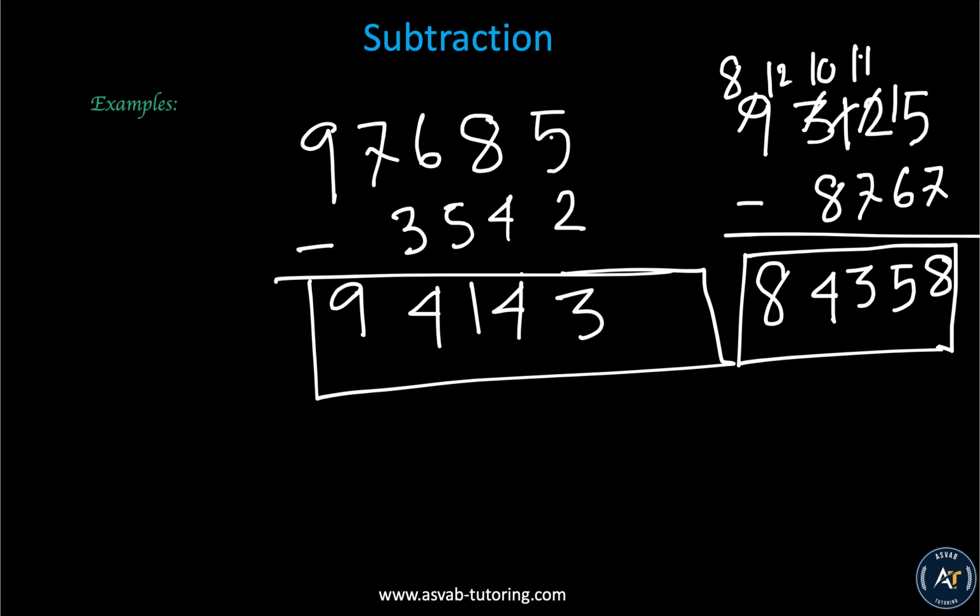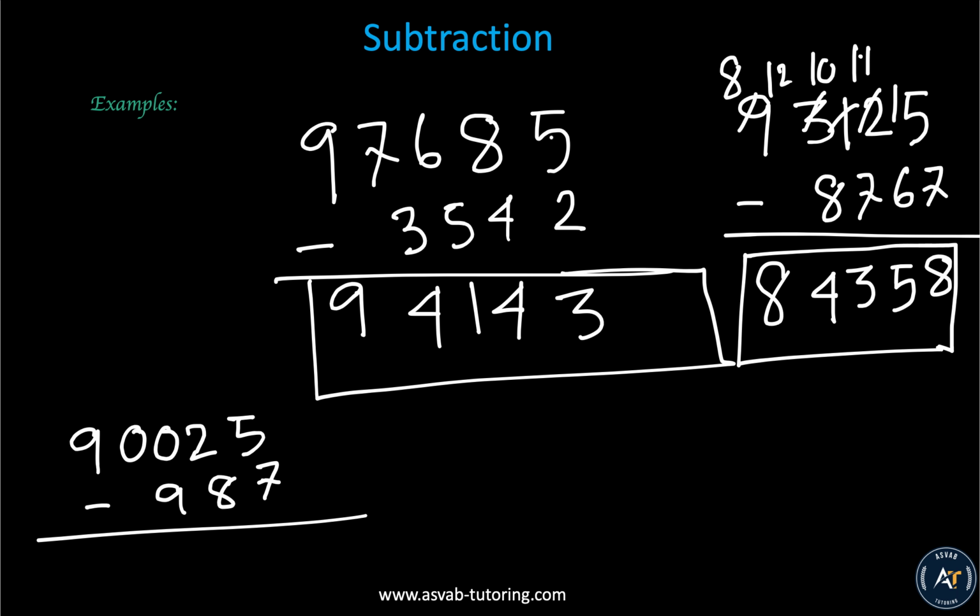So let's do another one. I have a problem 90,025 and you're subtracting 987. Let's do it together. Normally, the same way, you cannot subtract 7 from 5, so that becomes 15 and that becomes 1.